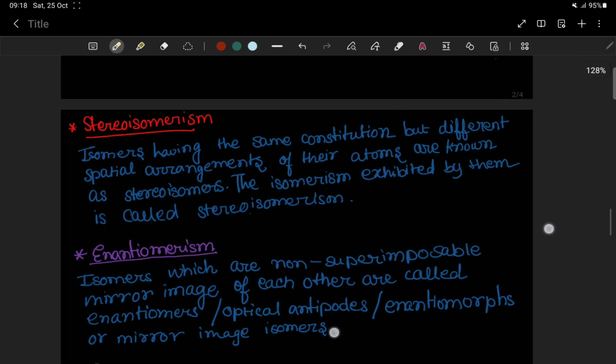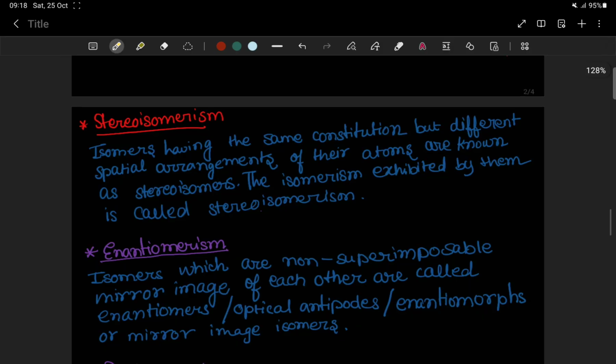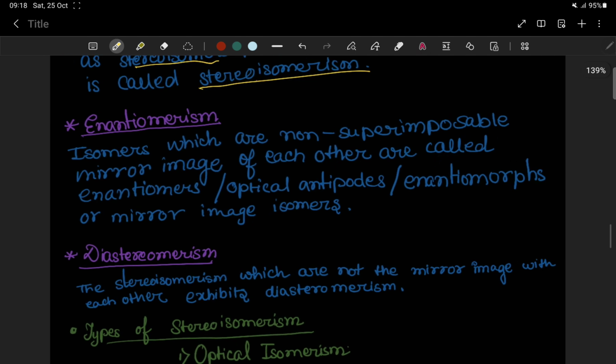And coming to stereoisomerism, I will read: isomers having the same constitution but different spatial arrangements of their atoms are known as stereoisomers. The isomerism exhibited by them is called stereoisomerism. Okay. Then enantiomers: isomers which are non-superimposable mirror images of each other are called enantiomers.